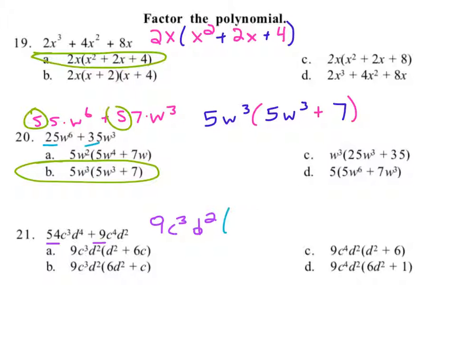So what we need to do is we need to say, okay, this first term, we've got 54 there as the number, and we divide that by 9. 54 divided by 9 is 6. So that's the coefficient.